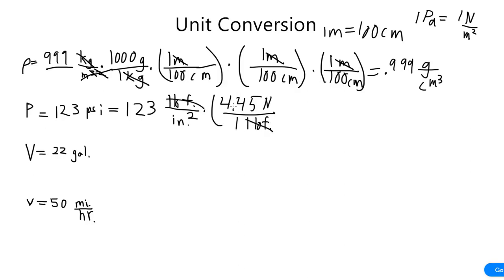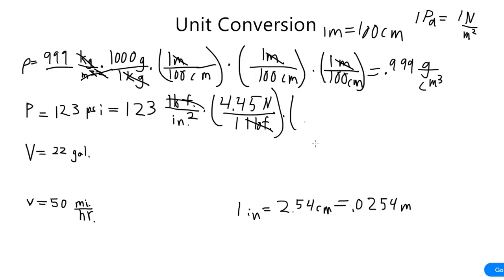So pound forces cancel and you get newtons in the numerator. Now if we multiply that by, here, actually this one's a little tricky. We need inches into meters. I just remember that 1 inch equals 2.54 centimeters. This is the only one that I remember ever. And if we move the decimal place for centimeters, then we get 0.0254 meters. So 1 inch equals 0.0254 meters.